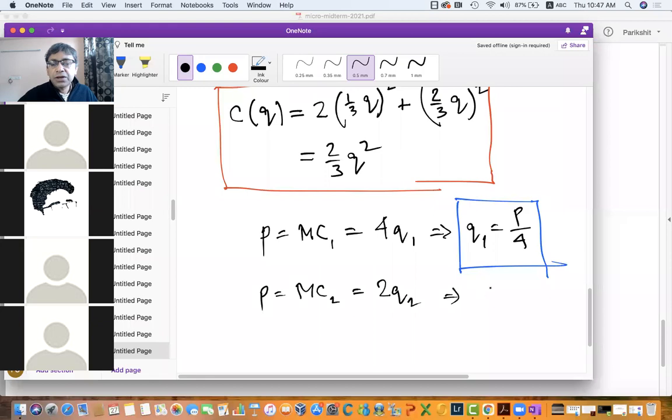So Q2 equals P by 2. All right. So for the part of the question which says both are acting in a perfectly competitive manner, you add up these supply functions, then look at the intersection of demand and supply, that gives you market equilibrium.